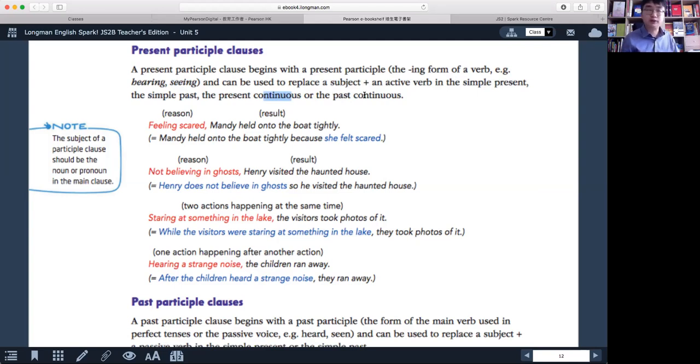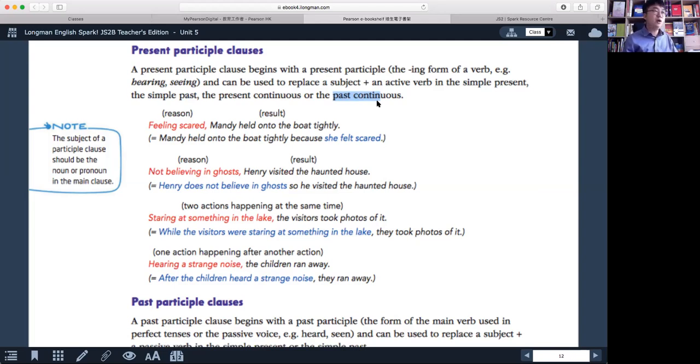So in other words, when we use present participle clauses, the tense could be in past tense. We can use simple past and also past continuous tense in present participle clauses.